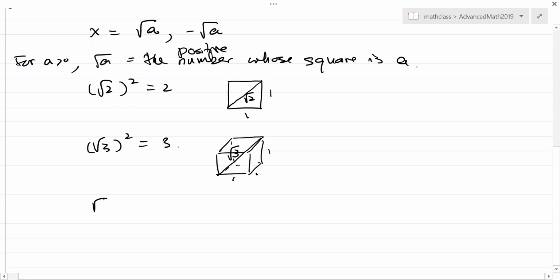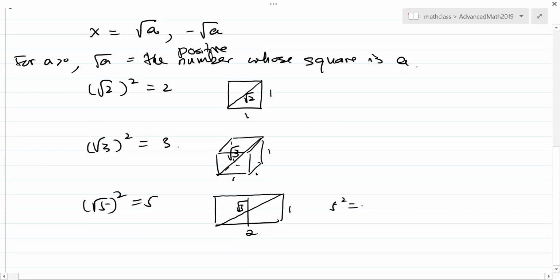Square root of 5 is a positive number whose square is 5. How do you describe it? You can describe it in the following way. This is a 2-unit square, and here's 2, here's 1, because 5 is 2 squared plus 1.